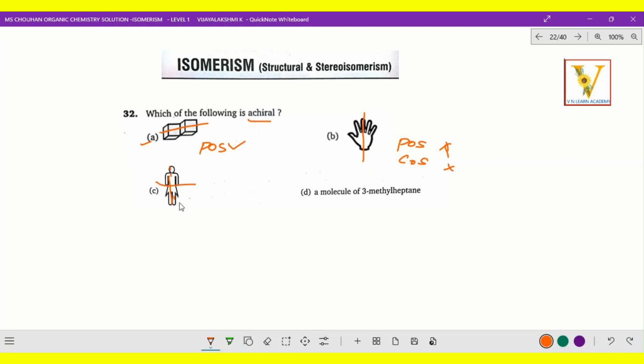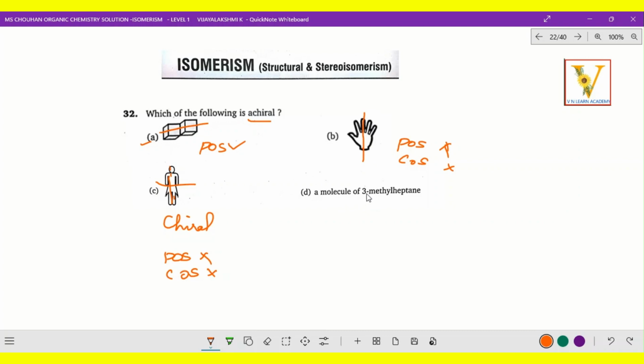See here when you cut, it will not be the same. So this is actually chiral. So for chiral, POS and COS will be absent. See what questions they are asking. We couldn't even imagine the question would come like that. So they are asking in that way. But it is simple, easy. When you think with a proper concept, you will come to know that idea.